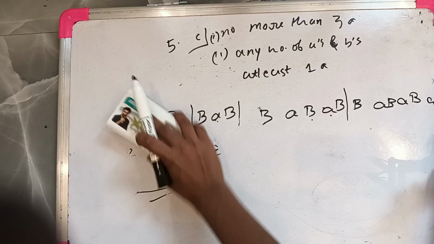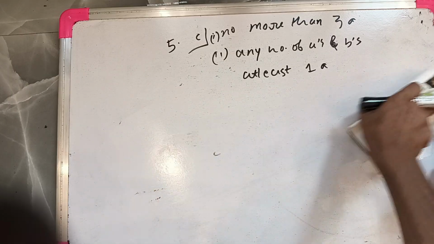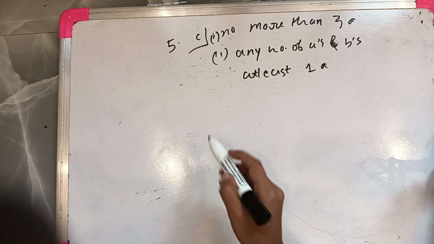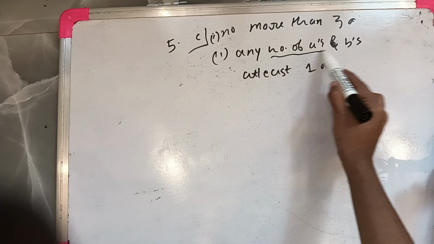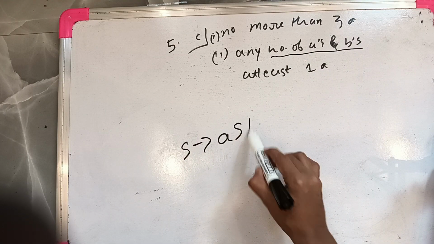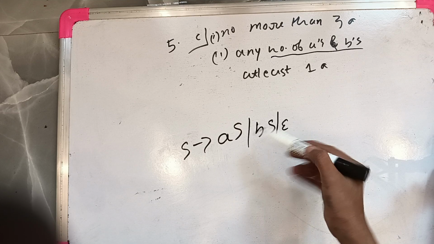Next question is any number of a's and b's with at least one a. For any number of a's and b's, we write S gives any number of a's or any number of b's, starting with epsilon, maybe 0.